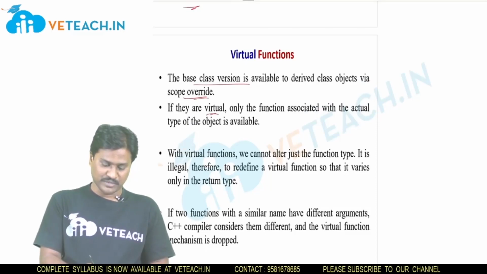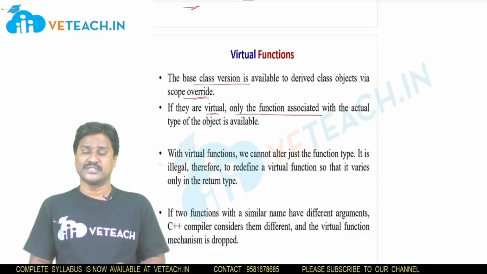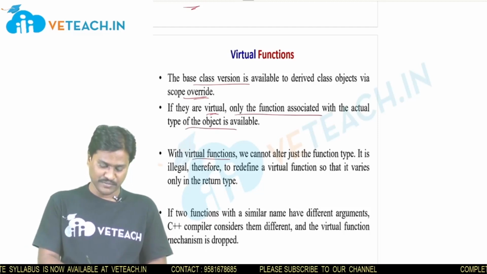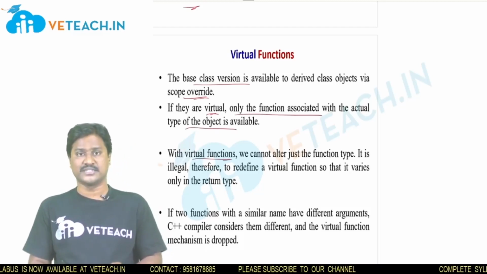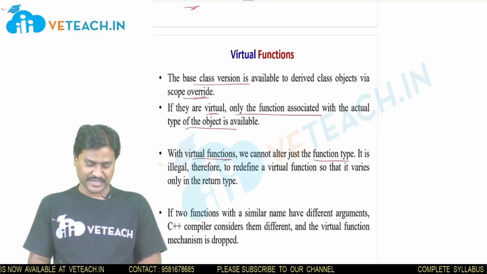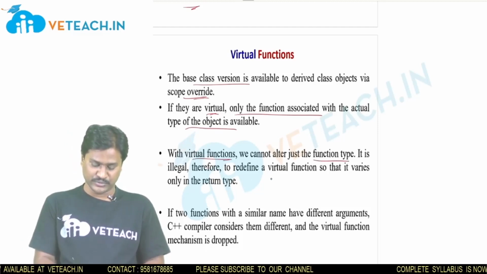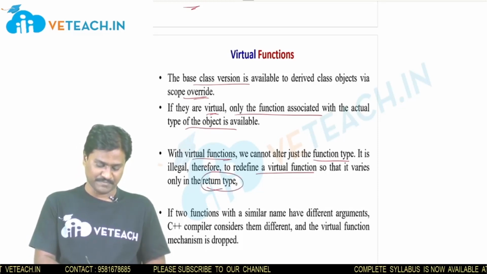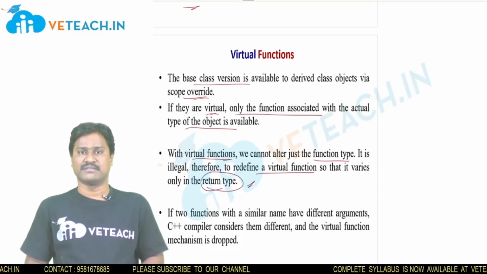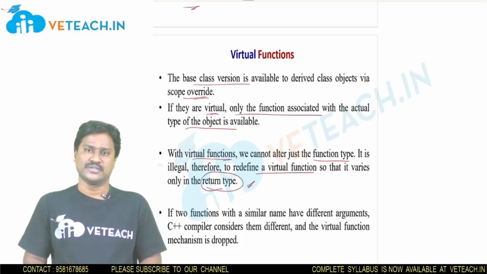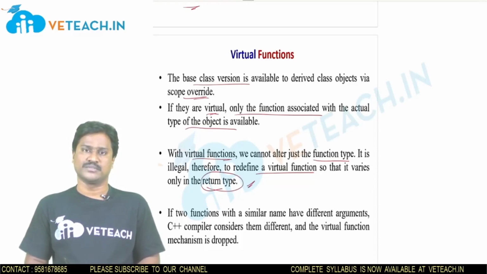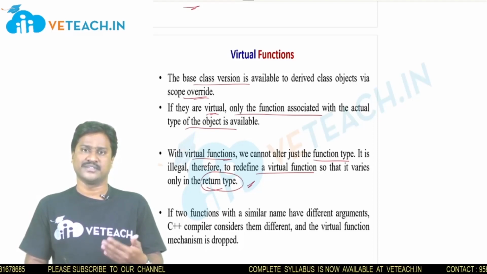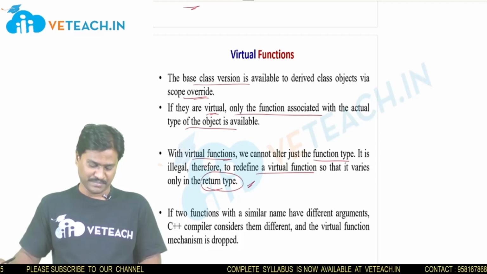If they are virtual, only the function associated with the actual type of object is available. With virtual functions, we cannot alter just the function type; it is illegal. To redefine a virtual function, the difference can be only in the return type. These are some features of the virtual keyword, which overcome the problem of the same-named member function in the derived class as well as the base class.